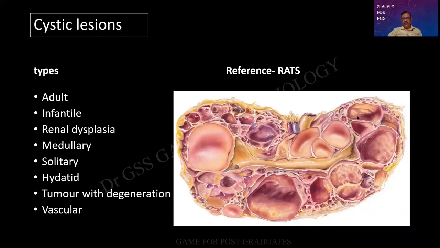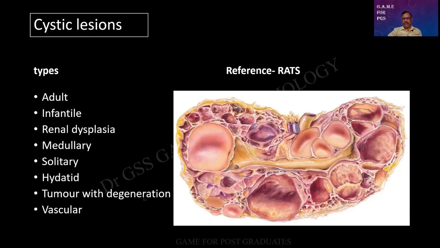Cystic diseases of the kidney. You may be given a specimen of polycystic kidney. It can be part of an assembled autopsy. But then they can ask you, what are all the various other cystic diseases? Kindly have the entire list. Your Robbins gives a beautiful tabular column. And you people should be able to at least mention the different types. Do not forget that there can be parasitic cysts such as the hydatid cyst.